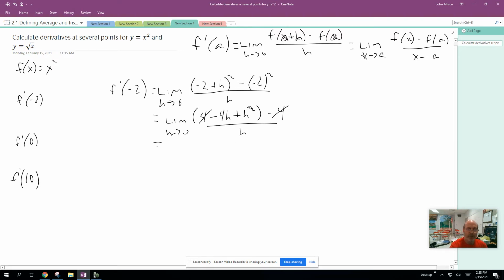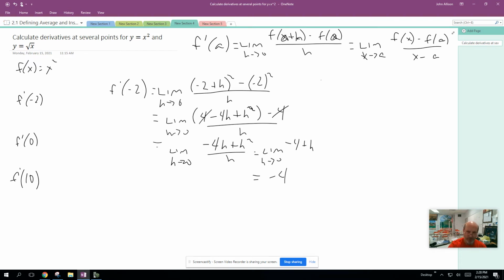So this ends up being the limit as h goes to 0 of -4h plus h squared all over h. When we divide that, we get the limit as h goes to 0 of -4 plus h, which equals -4. So according to this, the derivative of f of x at -2 is equal to -4.